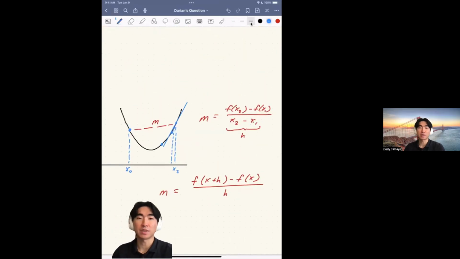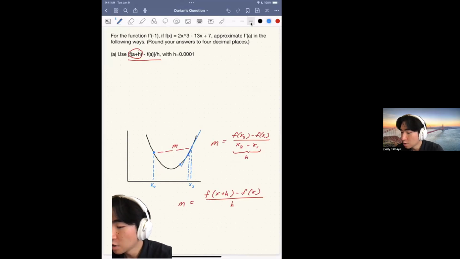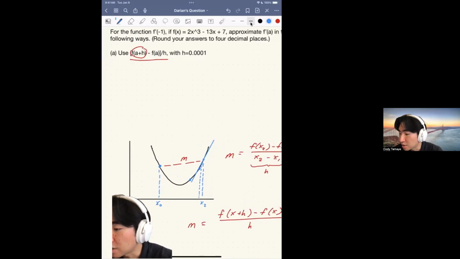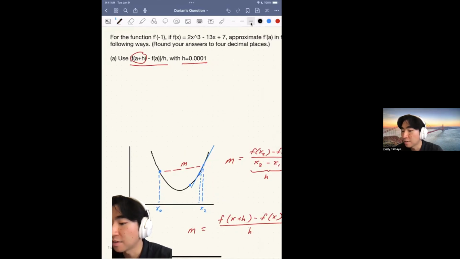This helps us approximate the derivative as the value of h approaches 0. So here we're using a small value of h to help us approximate the value of f prime of -1.